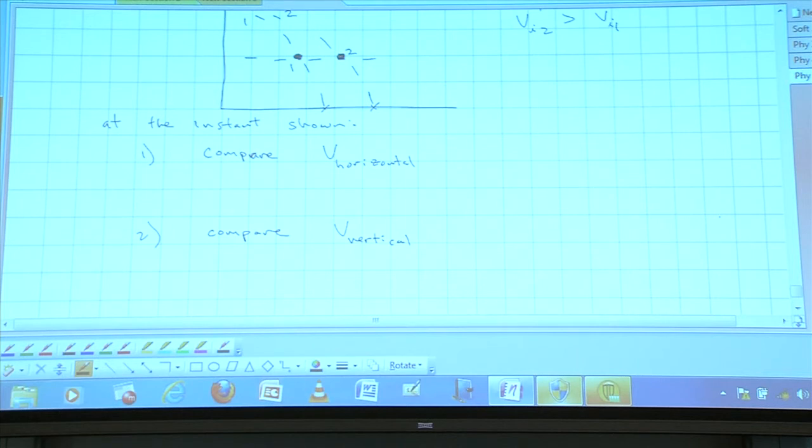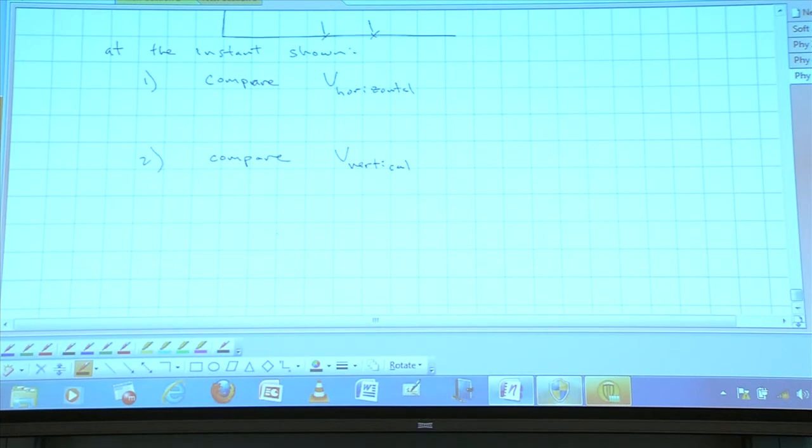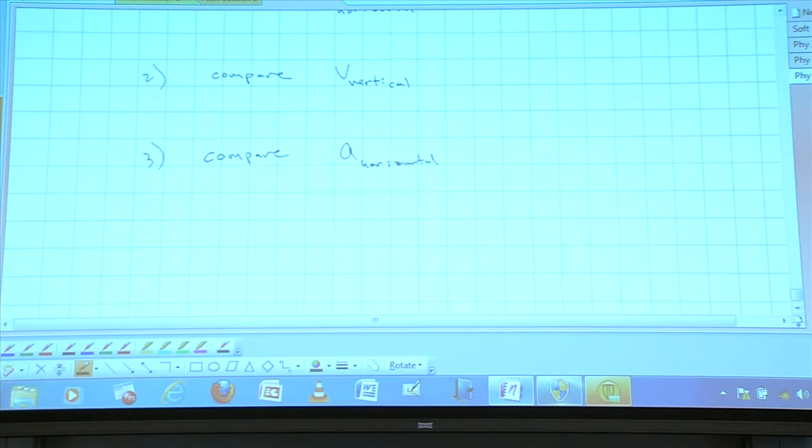Check with your neighbor, see if you got the same thing. I'm also going to ask you to compare the horizontal acceleration and the vertical acceleration.